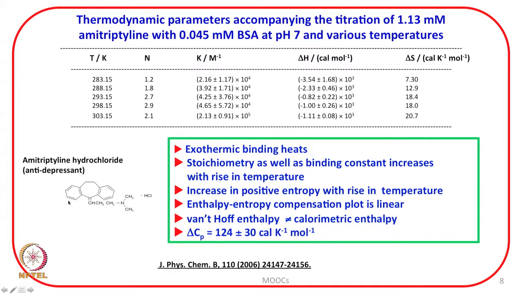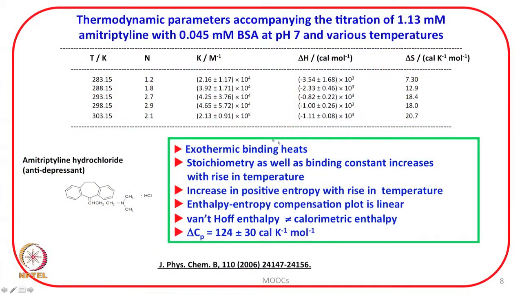And because of this hydrophobicity, the binding site is not able to establish sufficient polar interactions to give a large value of negative delta H. And if the extent of polar interactions in the binding site is not sufficient, then the contribution of the hydrophobic packing in the binding site will outweigh.